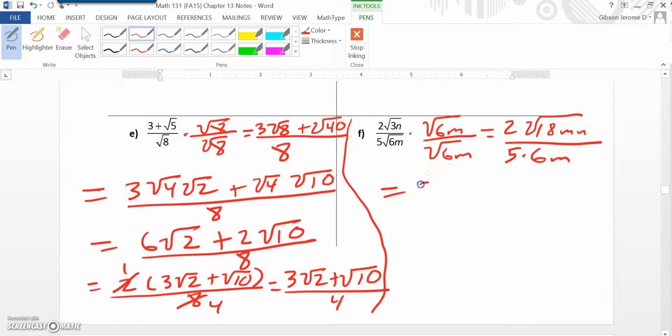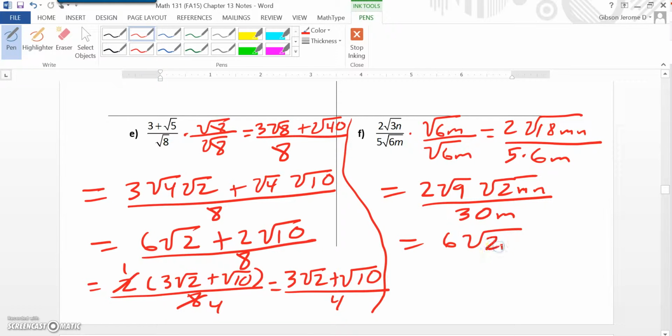So now in our numerator, we know we have a perfect square in 18, which would be 9. And we'll be left with the square root of 2mn. All over 5 times 6m is 30m. Now the square root of 9 we know is 3, and 3 times 2 is 6.